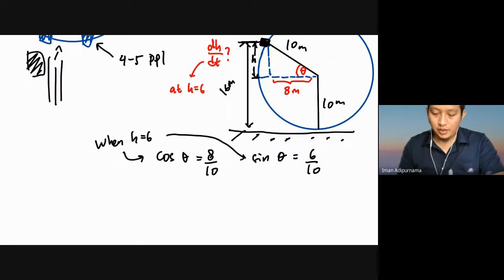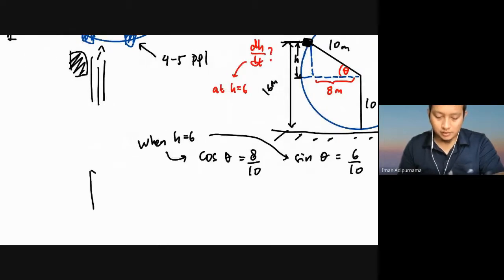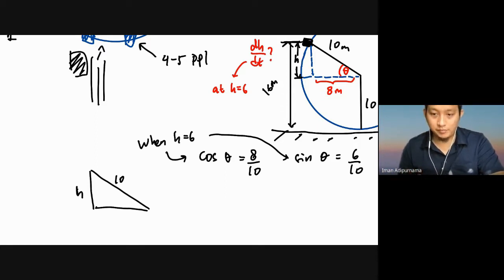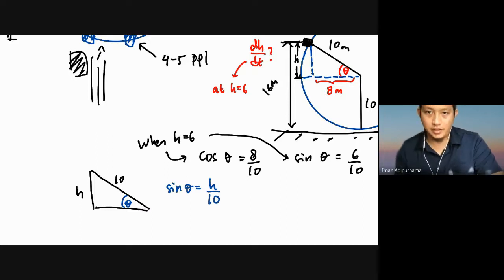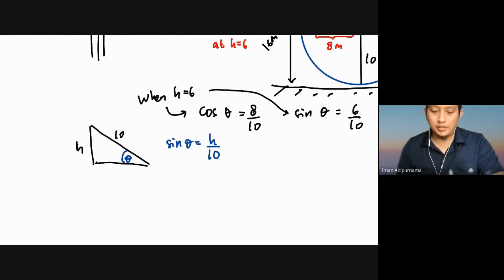If you look at the triangle with h and 10, because 10 is a fixed number, imagine the radius is always the same. So we can have a sine theta relation with h and 10. That is our relation there. And we can simply differentiate this: h equals 10 sine theta.